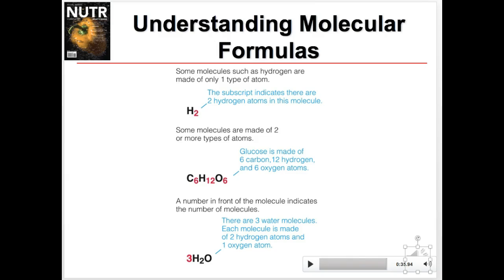So if there's a number in front of it, for example 3 H2O, that means there are 3 water molecules, and each molecule is made up of what? Hydrogen, 2 atoms, and then oxygen, that's 1 atom, except there's no number after it, so it just automatically means 1.